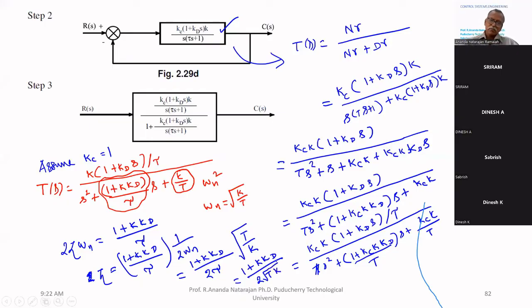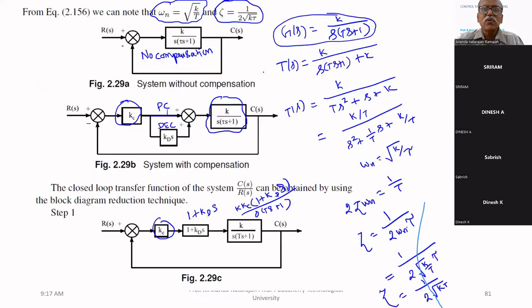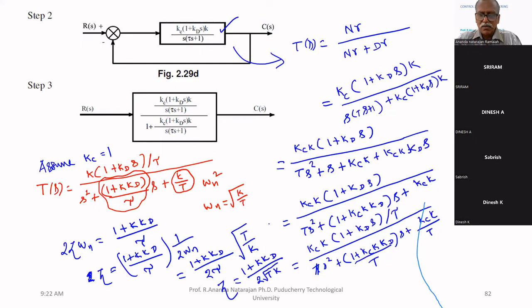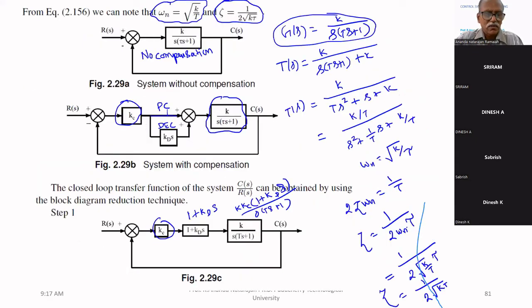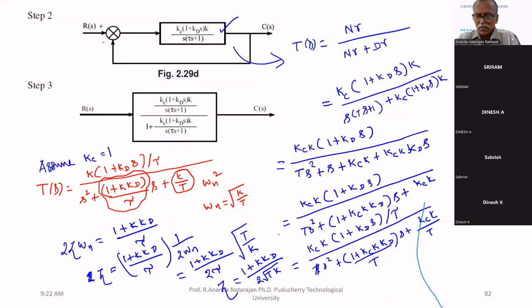This is zeta. What is the original zeta, without compensation? Original zeta is 1 by 2 root KT.